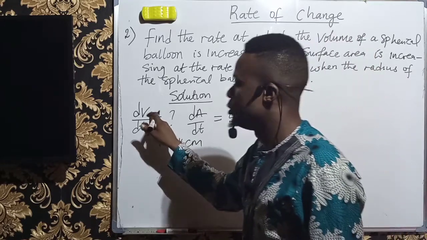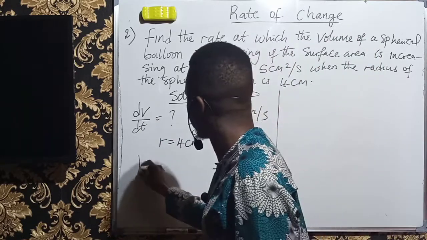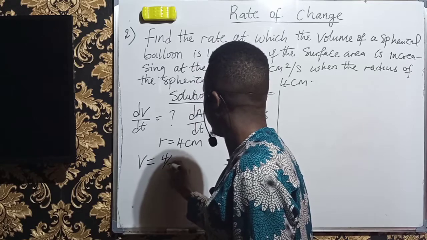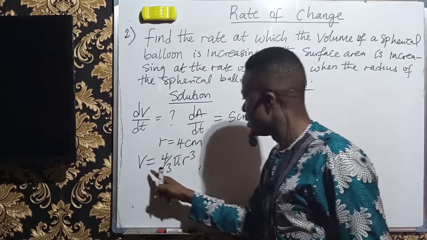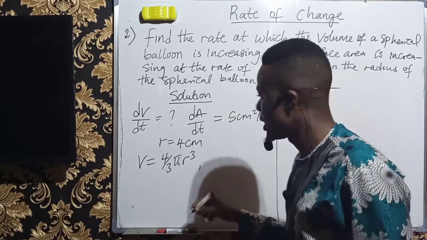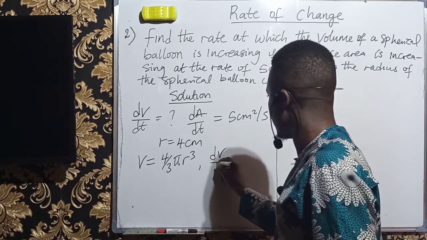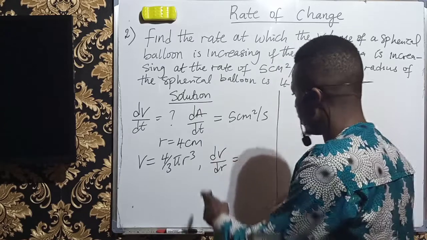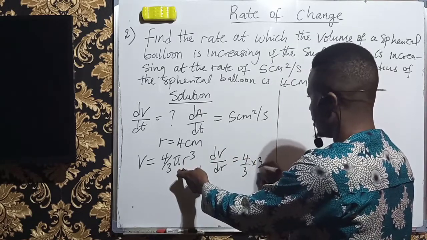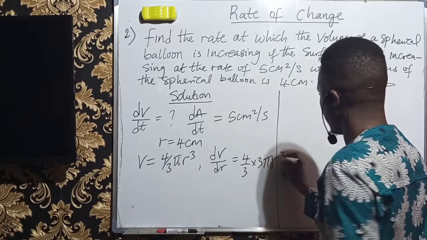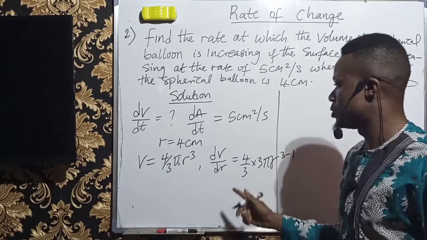Now we talked about the volume, and you should know that the volume of a sphere is 4 over 3 pi r cubed. Hence, the rate the volume is increasing with respect to the radius will now be dV over dr, which will give us 4 over 3 times, the 3 comes to the back, we have 3 pi r to the power 3 minus 1. That's the way to differentiate.